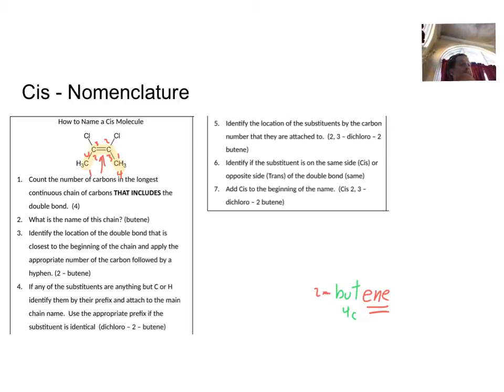In this case, the branches are Cl branches, and those we're going to learn about in the next lecture. They're called functional groups. So we'll talk about that for a second.